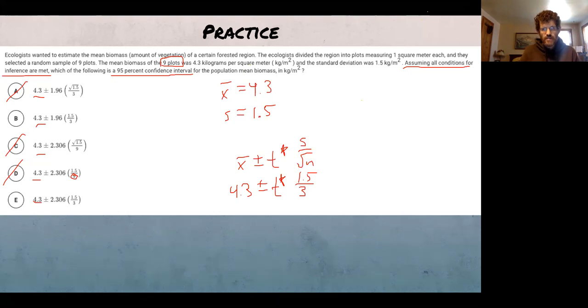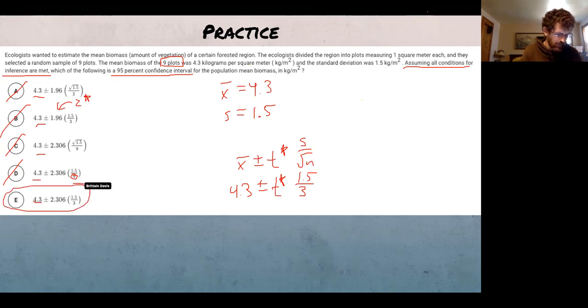But this is a t star, which means it's going to have fatter tails. We need to go out further in order to make sure we're really getting 95%. So 1.96 would be if this was z star, and it's not. So I can really rule that one out. But if I want to, I can actually calculate this accurately and determine that E is correct.